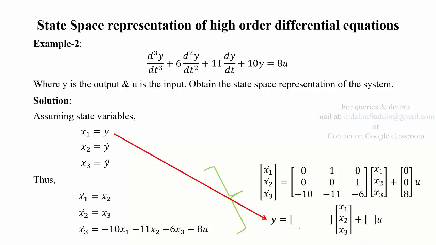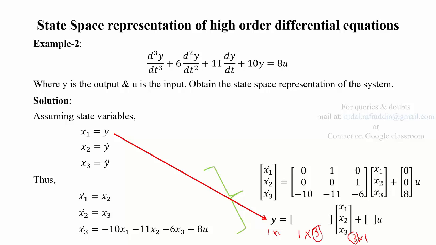So the order of matrix C should be 1 cross 3. So the order should be 1 cross 3, because the order of y is 1 cross 1 and the order of x is 3 cross 1, and in order for C to get multiplied with x, the condition is that these elements should be equal, first of all.